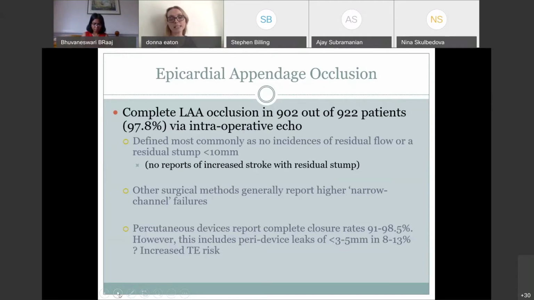For percutaneous devices, for instance the Watchman device, they report complete occlusion rates in the 90s to high 90s. However, they include peri-device leaks of less than 3 to 5 millimeters, and there may be a risk of thromboembolic events with those peri-device leaks. Next slide, please.